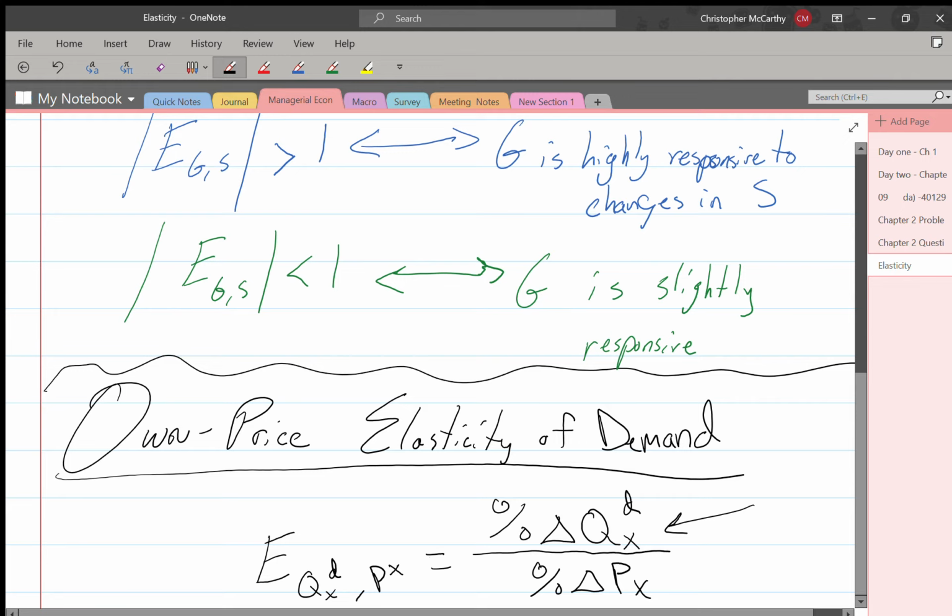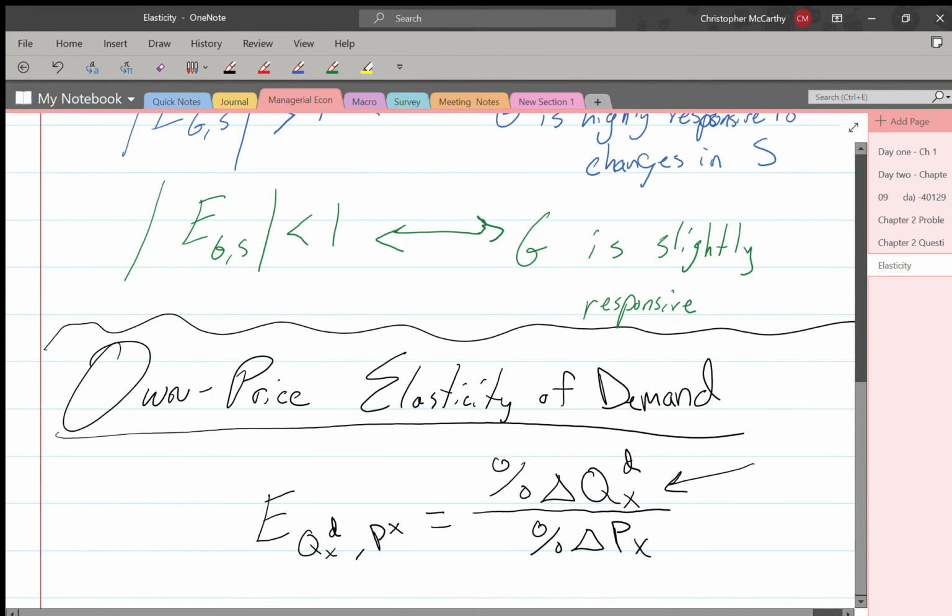When we go to stores, we make our consumption decisions based on prices. And so it's talking about how responsive quantity demanded is to prices.